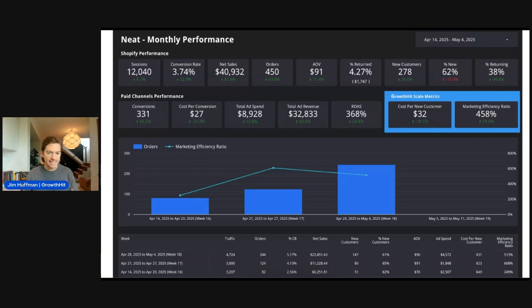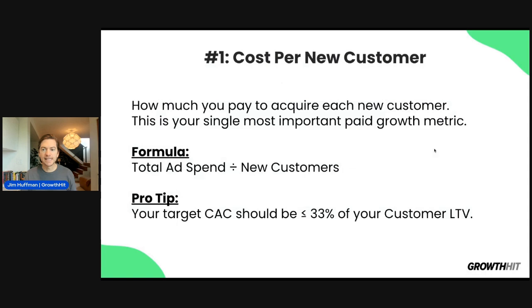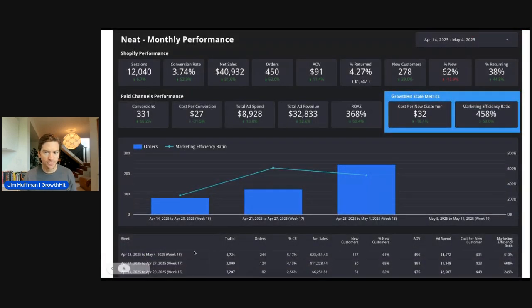Okay, let me tease this dashboard. This is a live look at a dashboard for our own brand, basically the past 20 days, and the metrics I care about. Just to drive this home, see in the blue, the GrowthHit scale metrics. These are the metrics that tell me how to manage my team.